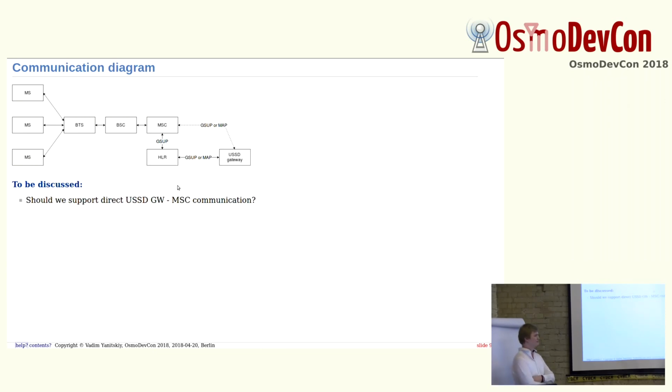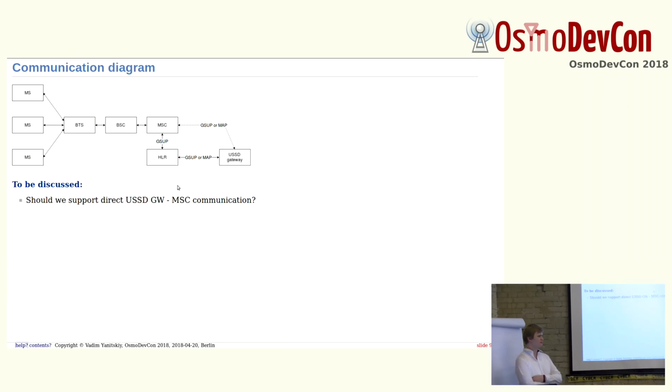The other point is, if somebody wants to have a MAP gateway, then this is the logical approach, because in the GSM spec it's specified that USSD ends up at the HLR. So if we have it in the same GSUP connection, then instead of Osmo HLR you can have the MAP gateway, which translates it to MAP, and you don't have any logic or architecture mismatch at that point. We always try to keep GSUP as convertible as possible.